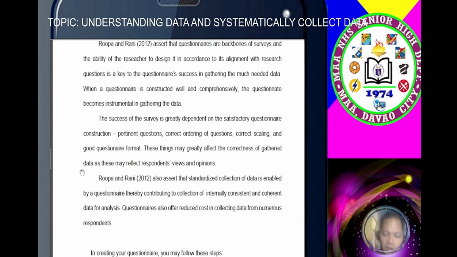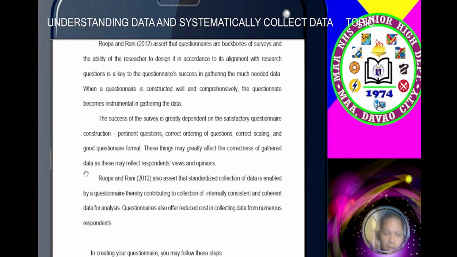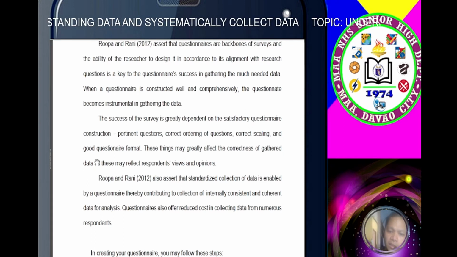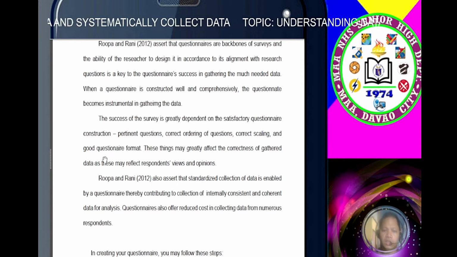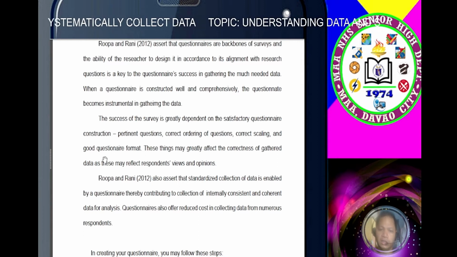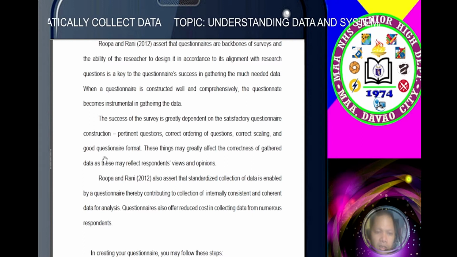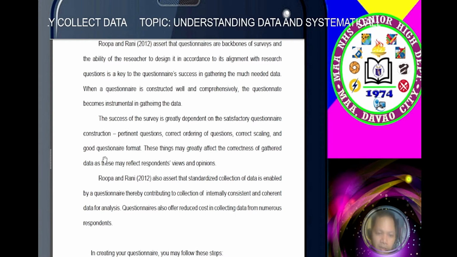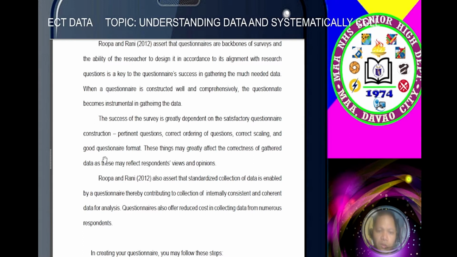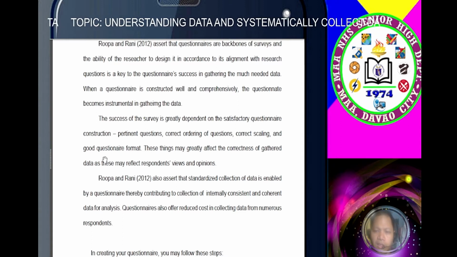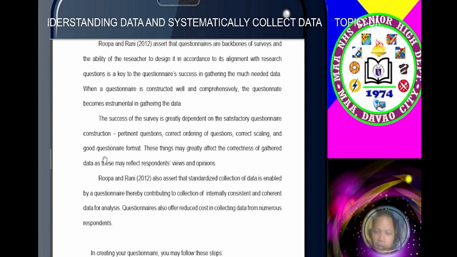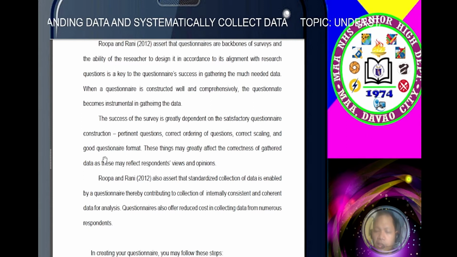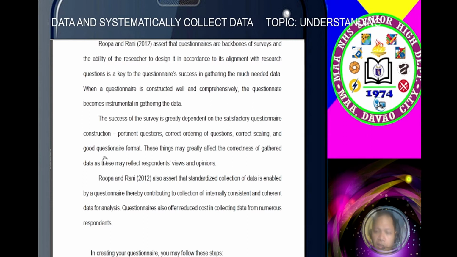Okay, so the comments from a set of experts. Rupa and Rani also assert that standardized collection of data is enabled by a questionnaire, thereby contributing to collection of internally consistent and coherent data for analysis. Questionnaires also offer reduced cost in collecting data from numerous respondents. Diba? So it's very efficient and effective also.